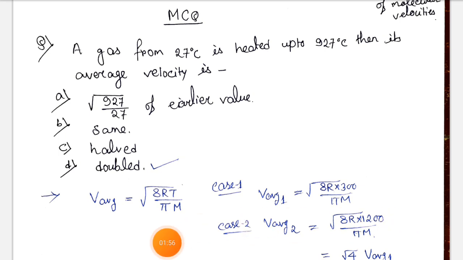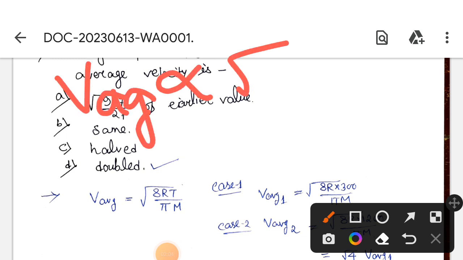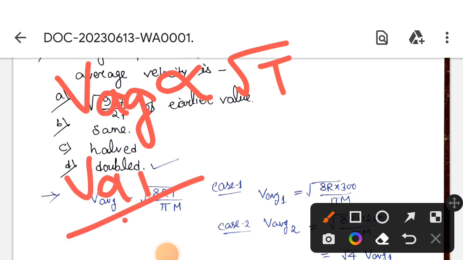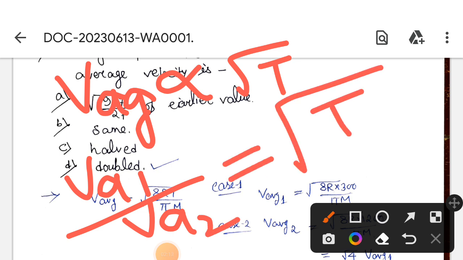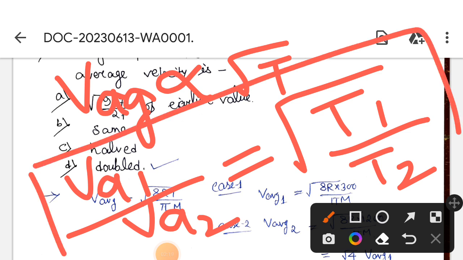But you can also solve this problem another way. V average is proportional to root T, so V average 1 by V average 2 is equal to root over T1 by T2. You can also solve by this equation, which is easily solved.